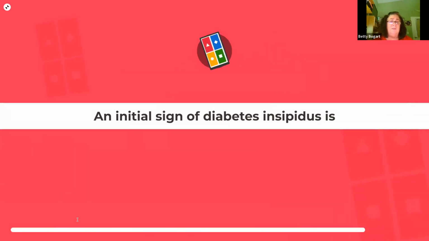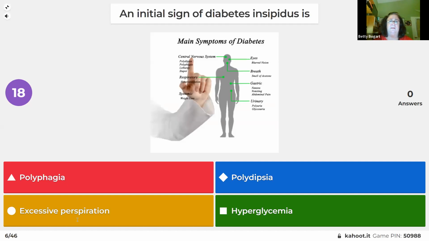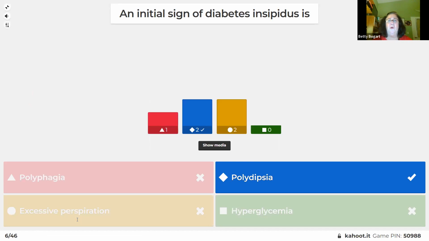An initial sign of diabetes insipidus is, now remember, diabetes insipidus has nothing, not a thing to do with blood sugars. I can't tell you how many RNs would take blood sugars for a child with a history of diabetes insipidus, and I'd ask, but why? And they didn't understand. So what diabetes insipidus is, is you drink a lot and you also urinate a lot.